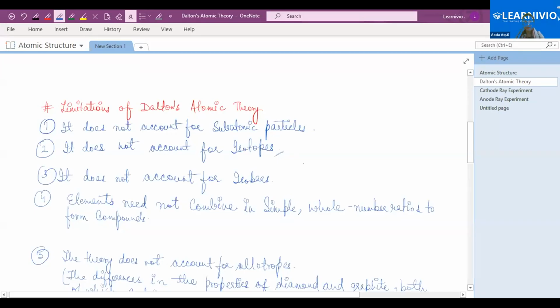Its atomic mass is different, atomic number is same in the case of isotope, right? Similarly, he doesn't account for the isobars also, means the same atomic mass but different atomic number, right? It also exists, but Dalton didn't say anything like this.